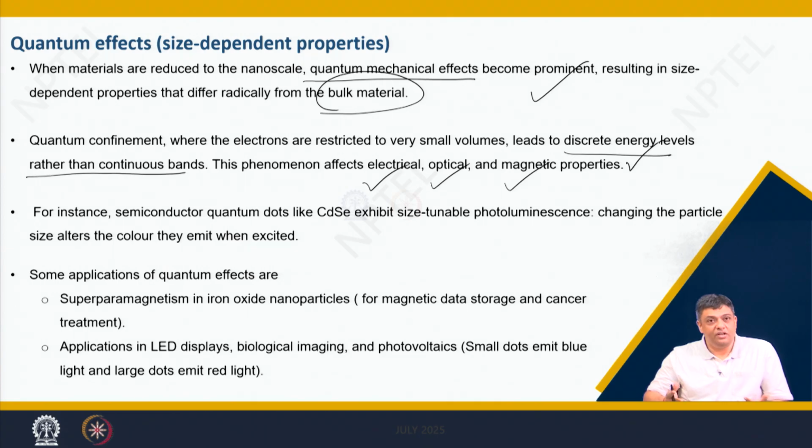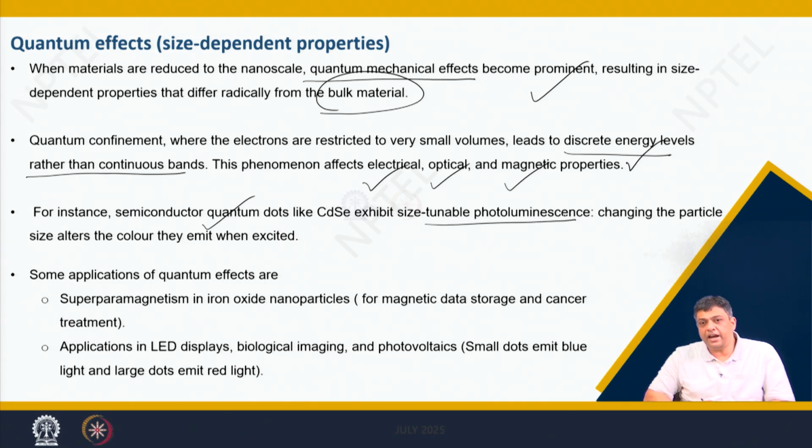So, very interesting. Similarly, you can see that the semiconducting properties of, let us say, CdSe quantum dots can be tuned, and the associated photoluminescence of these particles can be very different. Have we seen this example earlier?